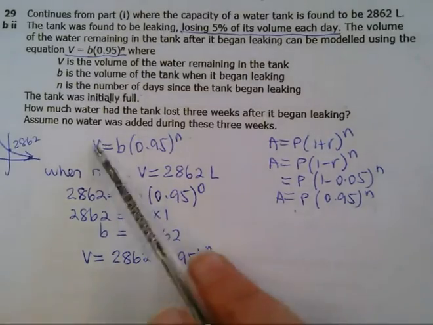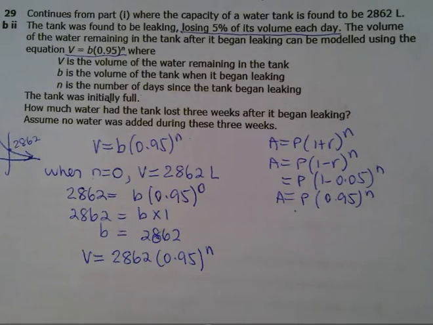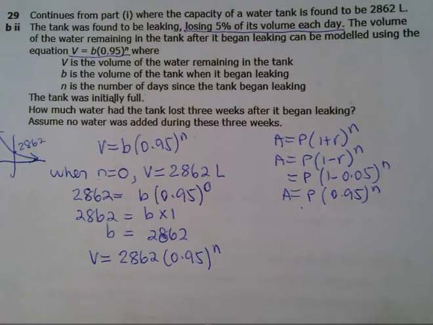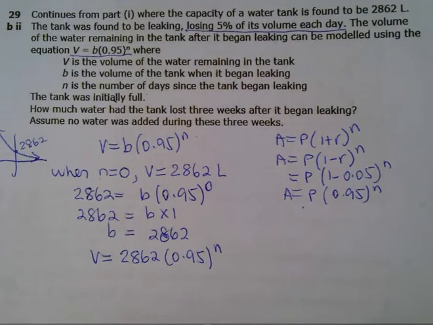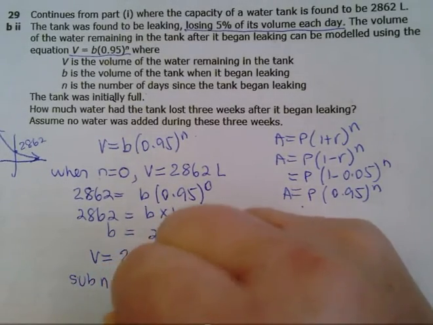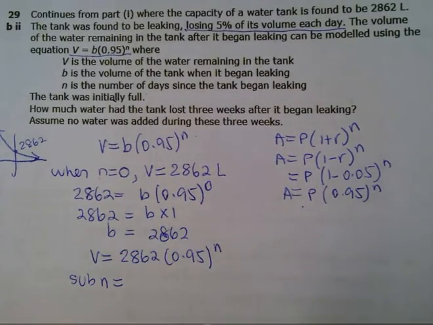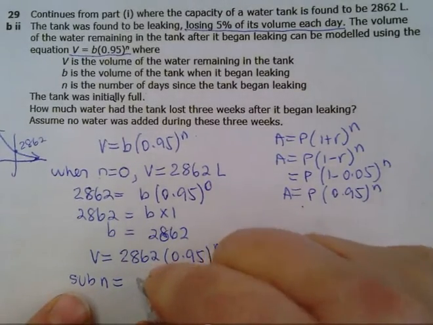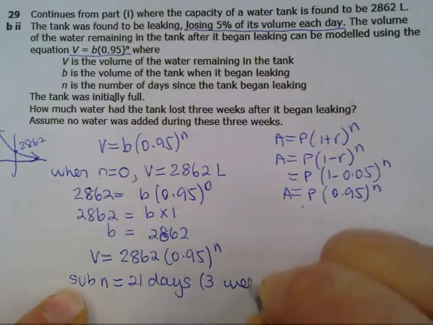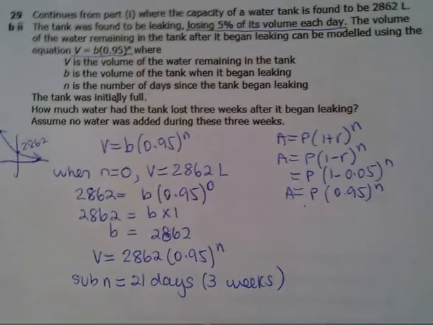Now the next question says, how much water had the tank lost 3 weeks after it began leaking? Assume no water was added during these 3 weeks. What do I substitute now? Anyone? n is 21 days, because it's 3 weeks. Those are the sorts of mistakes people might make.